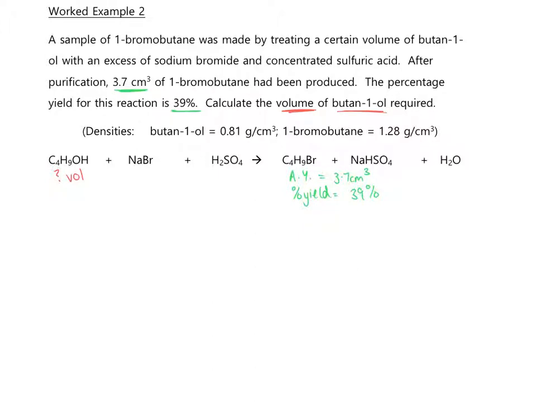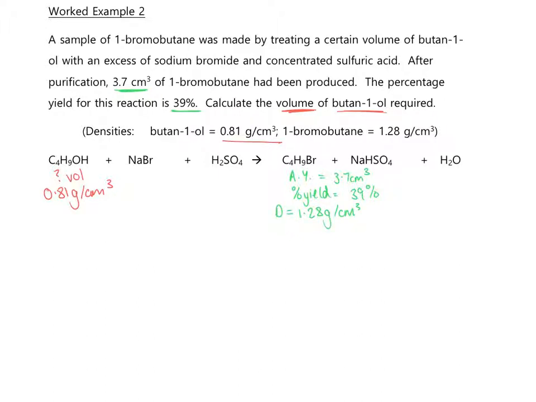Okay, the other information I've been given is our density values. First of all, butan-1-ol is 0.81 grams per centimetre cubed. Make sure you get them with the right formula. And also my density of bromobutane on the right hand side is 1.28 grams per centimetre cubed.